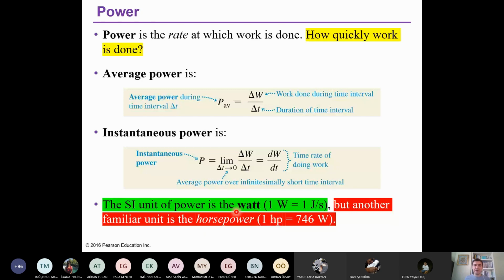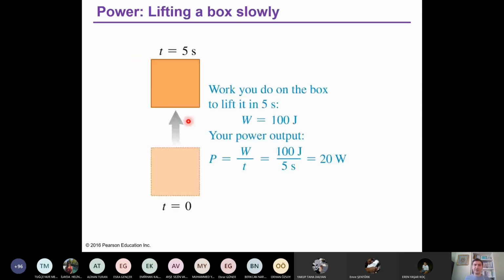When the time is 0, the box is staying here, and we lift this box to this position in 5 seconds. You do work to lift this box. What about your power? Your power is work per time. Work is 100 joule, time is 5 seconds, and your power is 20 watt.